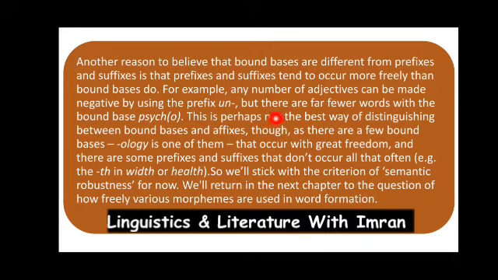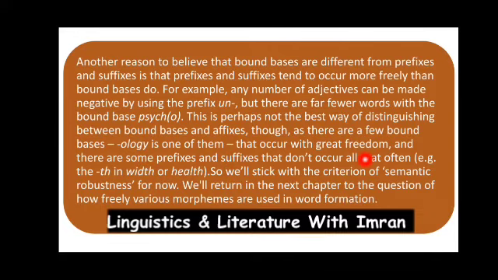But there are far fewer words with the bound bases, like psych or psycho. So this is perhaps not the best way of distinguishing between bound bases and affixes, though, as there are a few bound bases, ology is one of them, that occur with great freedom, right?